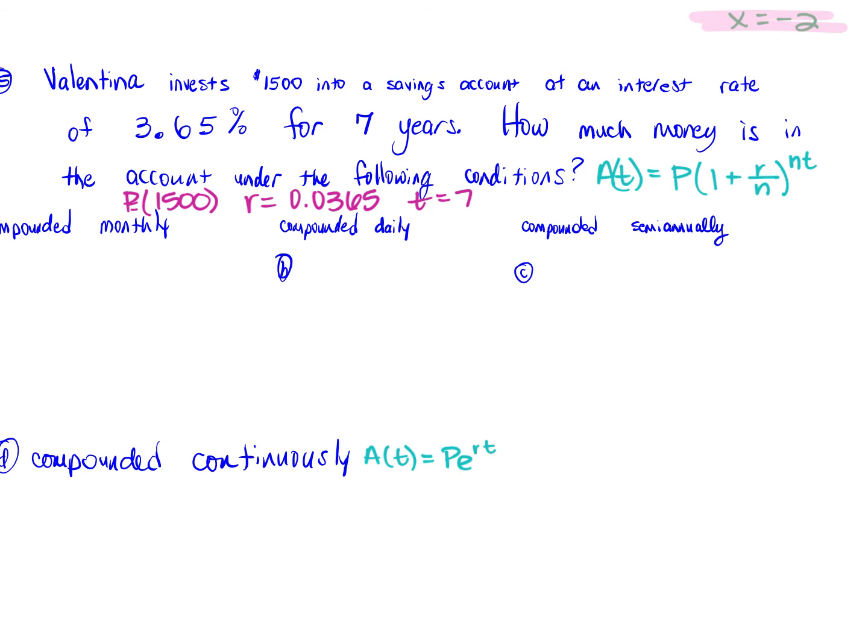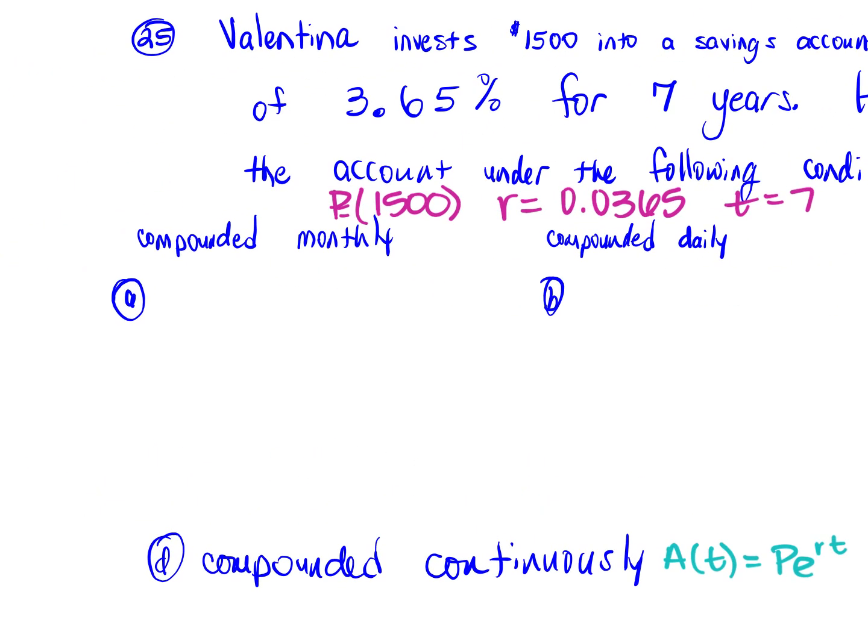If we are compounded monthly, your n is going to be 12. So this is going to give you A of 7, that's your time, is equal to P, which is 1,500, times 1 plus your rate as a decimal, 0.0365 over n, which is 12, to the power of n, so 12, times t, which is 7.